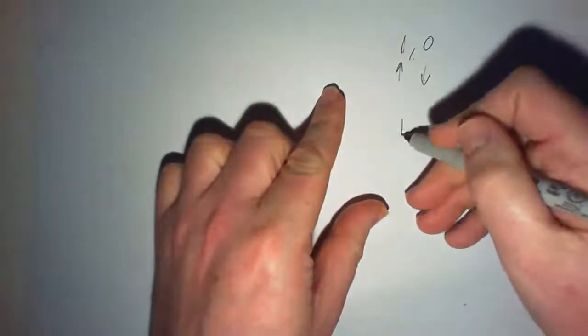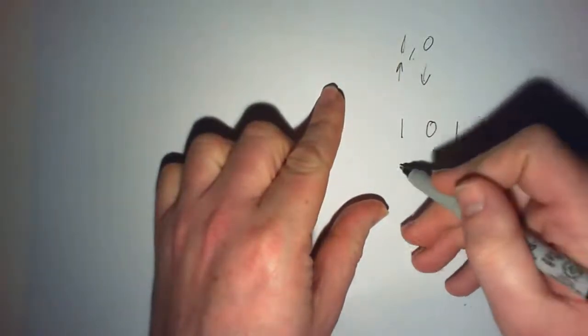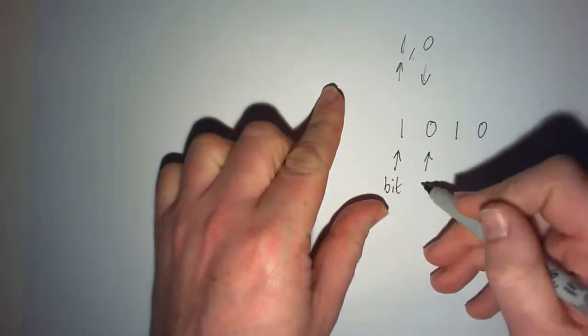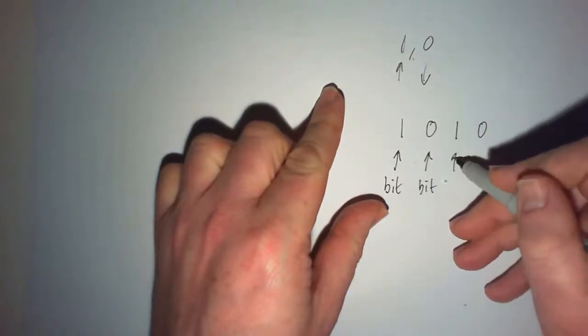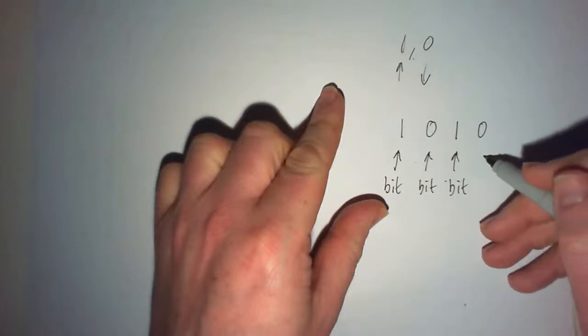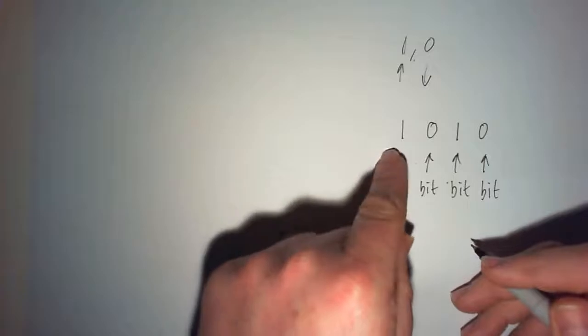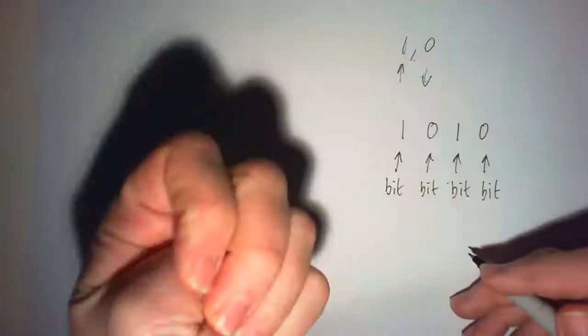And this is very important, each one or zero is an individual bit. So a bit is a 1 or a 0. What I've written down there is actually four bits.